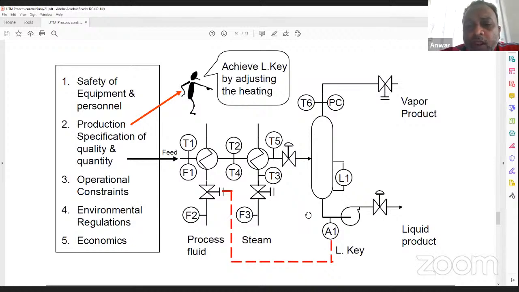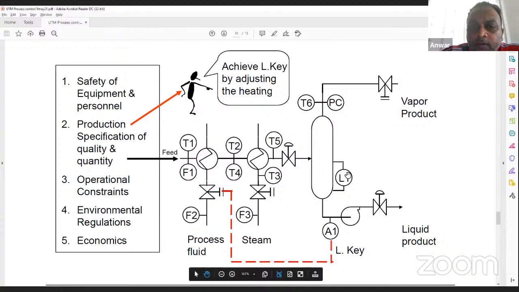So a single loop of this also could be achieved directly before the final product. Therefore, it can be adjusted accordingly to give you the right ratio.